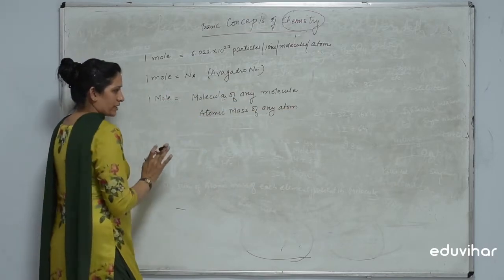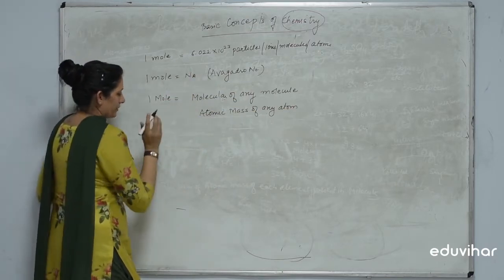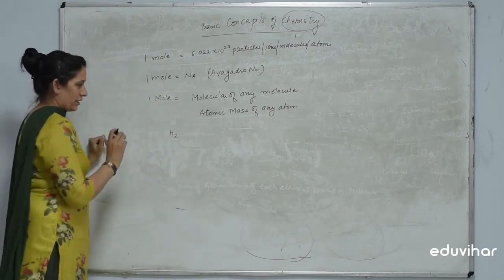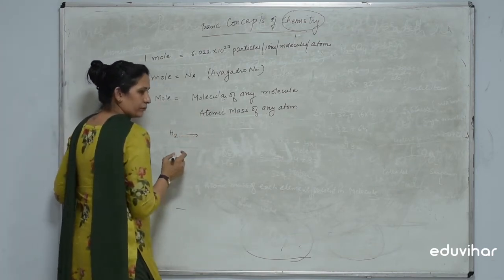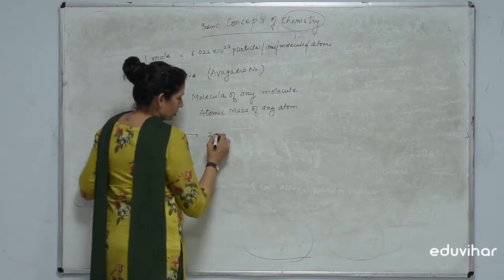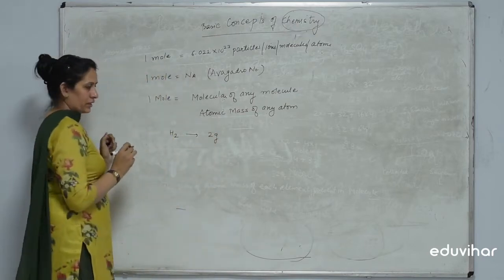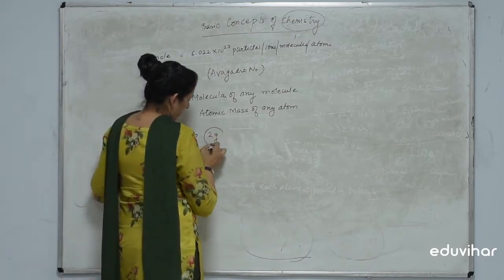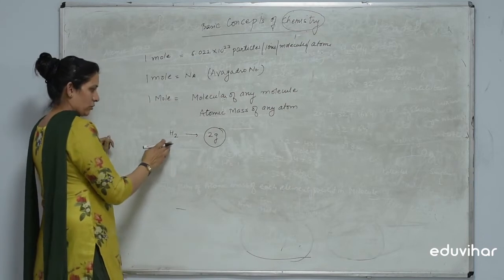I am just giving you an example to explain this. I am having H2, hydrogen gas. Hydrogen gas is a molecule. It has the molecular mass 2 gram. 2 gram means this is the molecular mass of this.